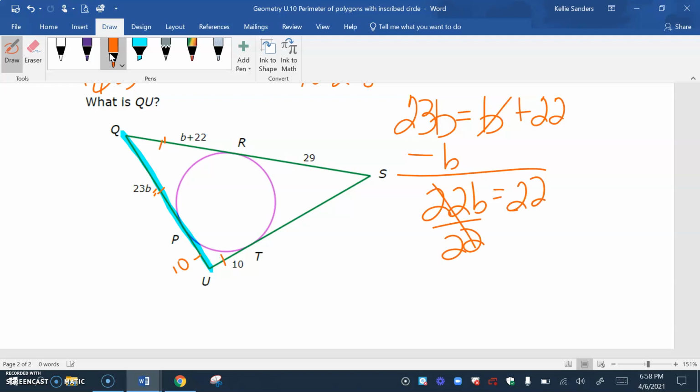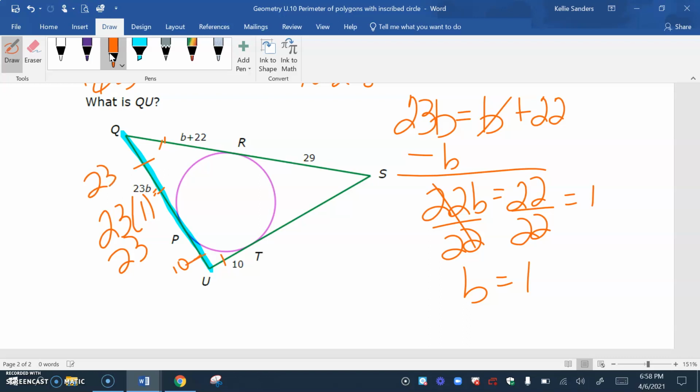Divide by 22. Those cancel out. Divide by 22 and that equals 1. So b equals 1, but that's not the question. I needed b to be able to figure out how much this is. So 23 times 1 is 23. So this side is 23. This is 10. So 23 plus 10 is 33.